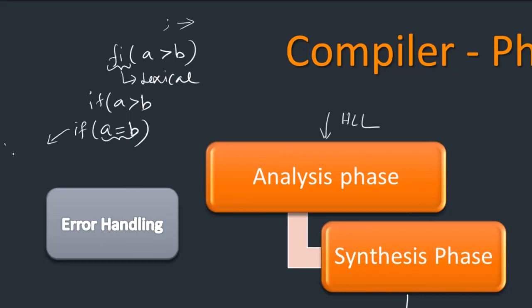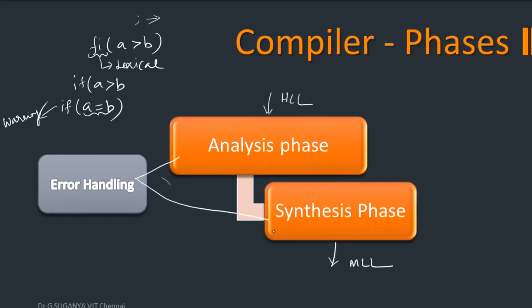It will be thrown as a warning to the user, indicating that this may be purposefully written or it may be an error. So this error handling has to be part of all the 6 phases, because in every phase, if you take code generation, it may throw some warning stating that all the registers are occupied. So error handling has to be engaged with all the 6 phases of the compiler.